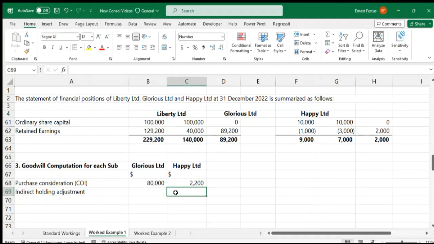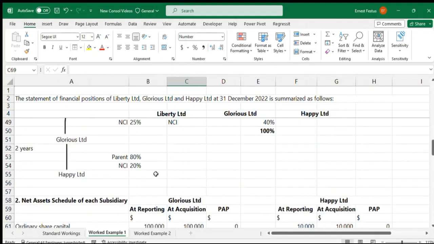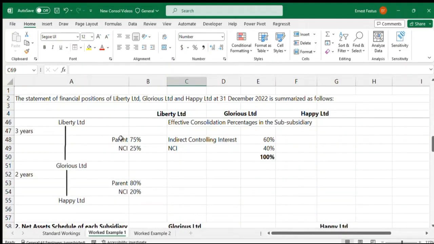We want to, this is the percentage the parent owns in Glorious Limited. However, Glorious Limited also owns 80% in this limited, which means that the parent owns 75% of the 80% of this amount. Okay, the parent owns 75% of the 80%.